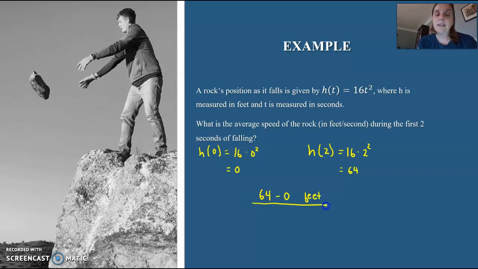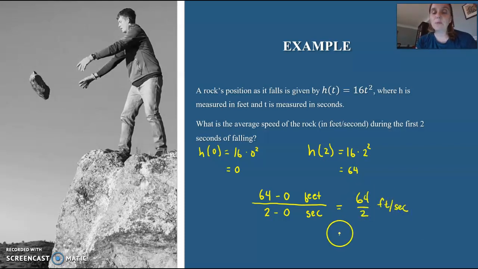And then 2 minus 0 is the change in time, so that's going to be in seconds. And so our rock's average speed is going to be 64 over 2 feet per second. And you probably would rather see that as 32 feet per second. And that's the average rate of change of the rock.